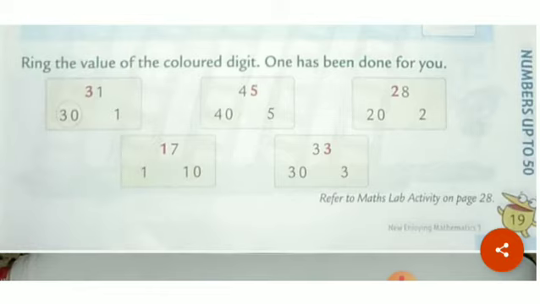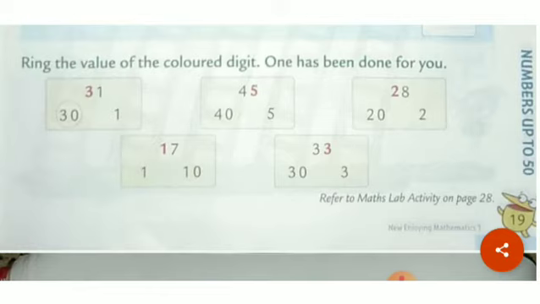So see the first example, 31. In 31, 3 is the colored digit. You can see in 31, 3 is on tens place. 3 is on tens place means its value is 30. Its value is 30, isn't it? So we have to ring 30 here.